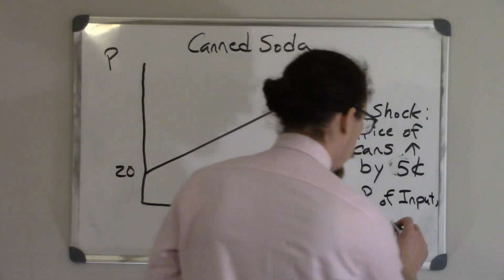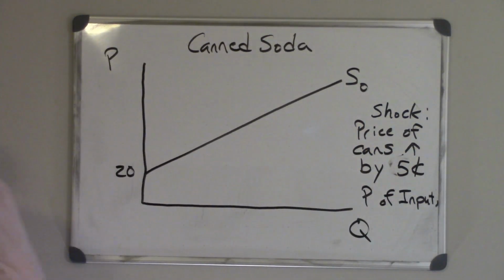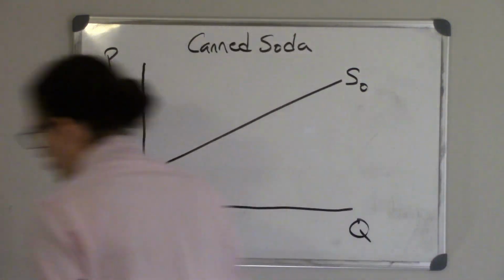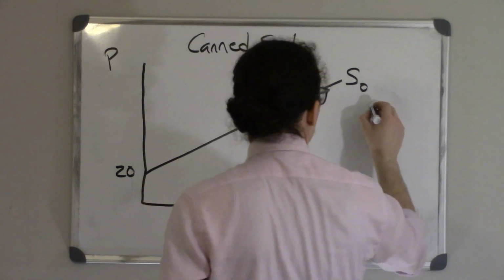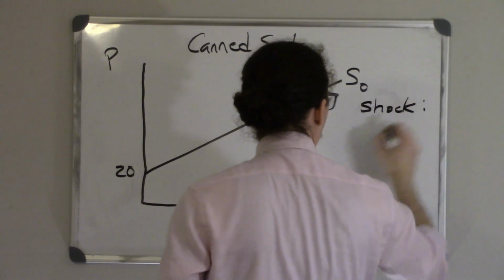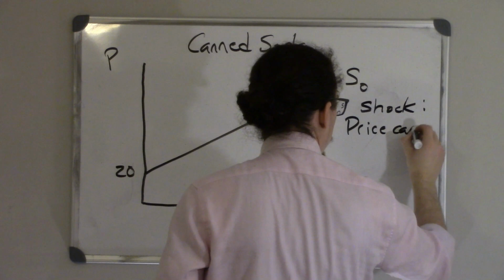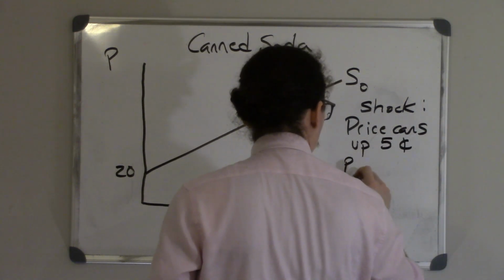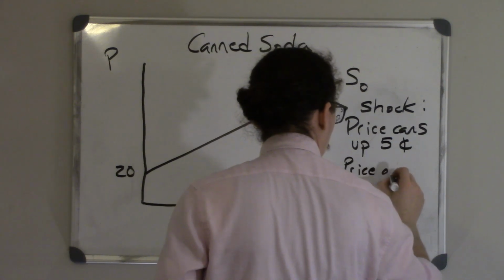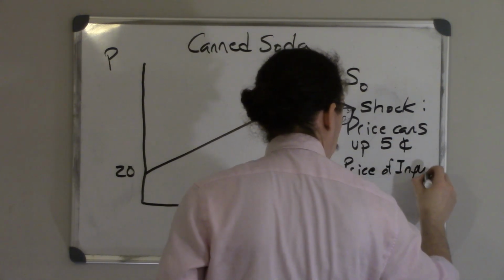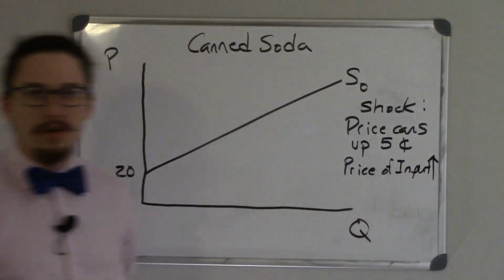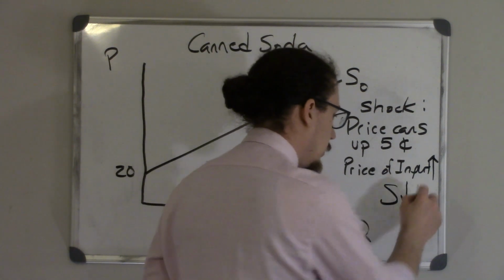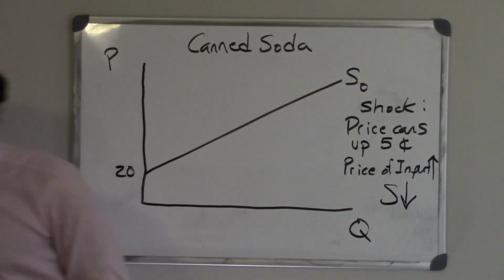We know that the price of these inputs is going up. Maybe I should have given myself a little more room; I made this graph too big. So the price of cans is up 5 cents, the price of input is increasing, and we know that's going to lead to a decrease in supply.